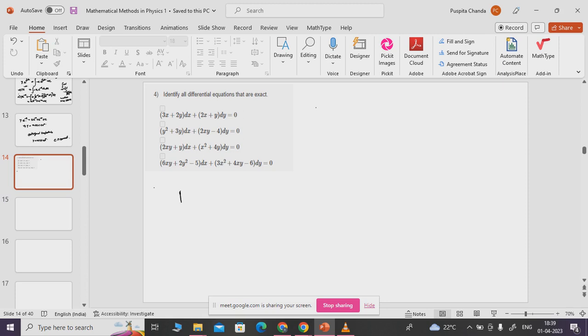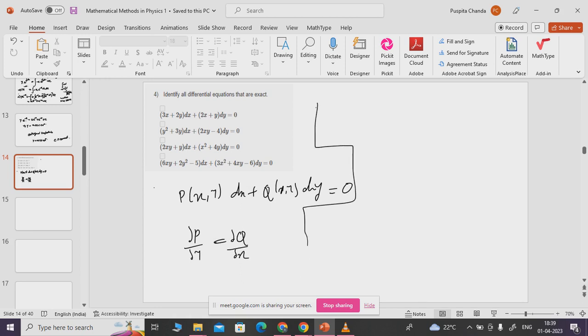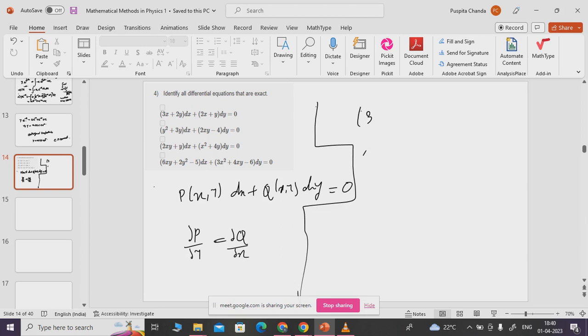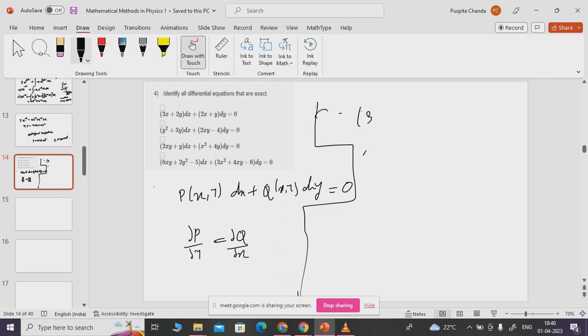Identify all differential equations that are exact differential equations. We know they are of the form P dx plus Q dy, where del P by del y is equal to del Q by del x. So the first is 3x plus 2y dx plus 2x plus y dy.